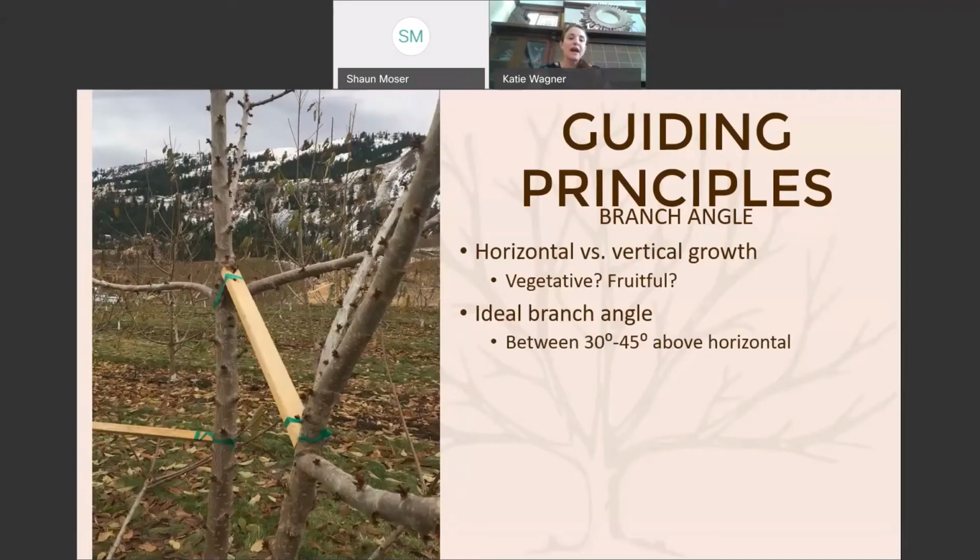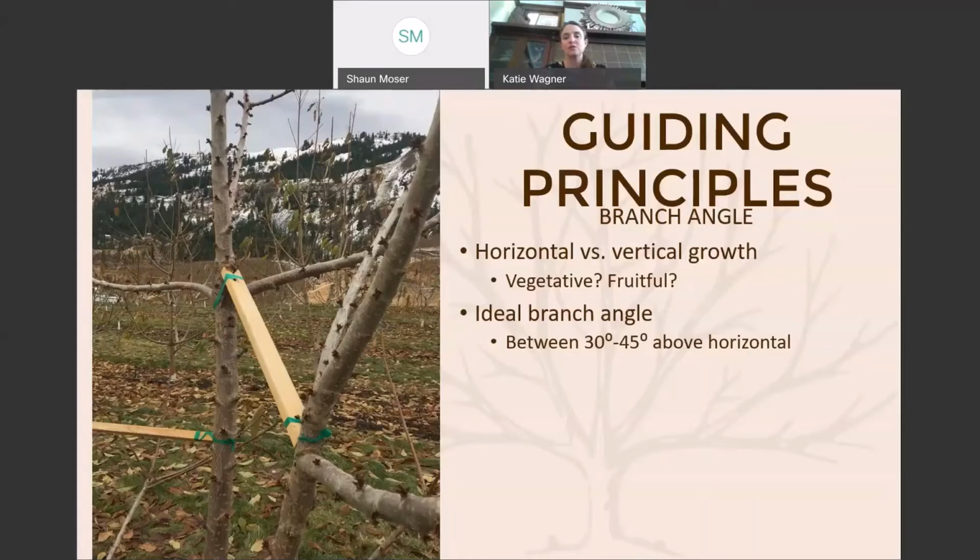Okay, so here they have one that they're guiding, actually it looks like they're guiding a scaffold off of that leader. You can see this is the leader here and the scaffold here, and they're using a construction shim that they have tied in between, and they've cut out a little groove as well, so it fits right up against those two main branches to help get that 30 to 45 degree angle above the horizon.